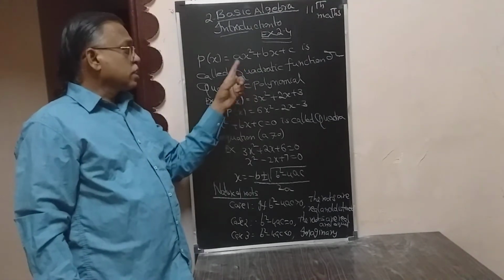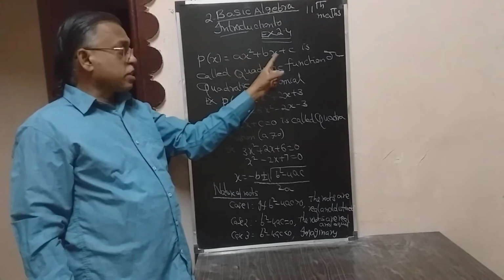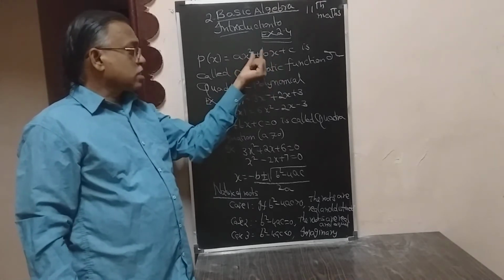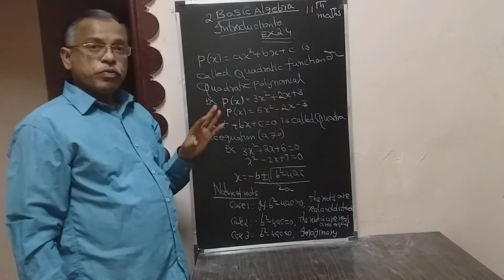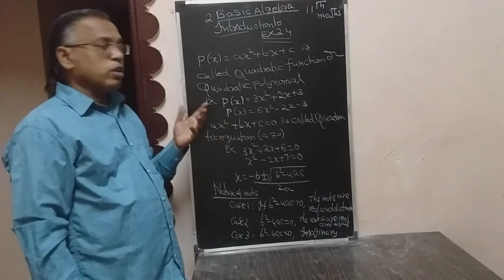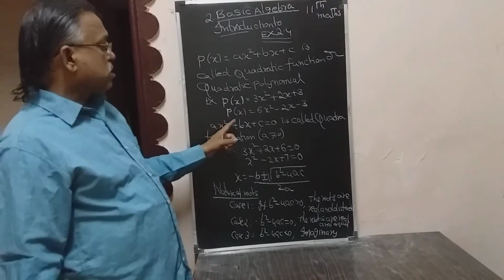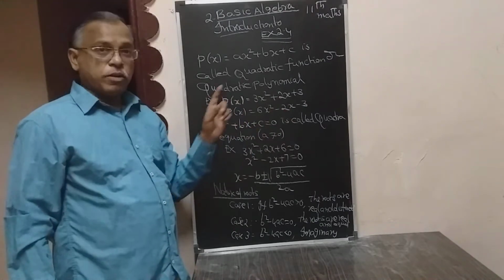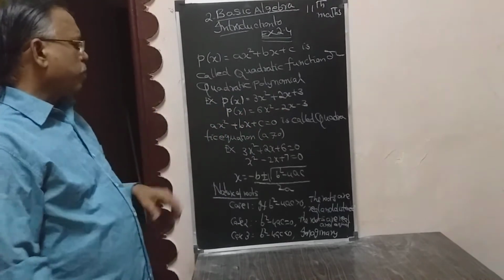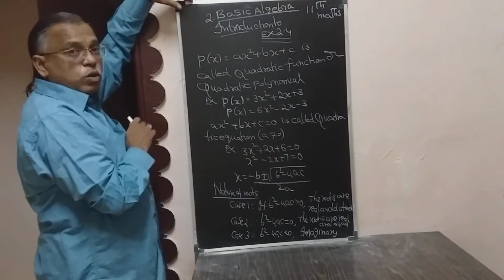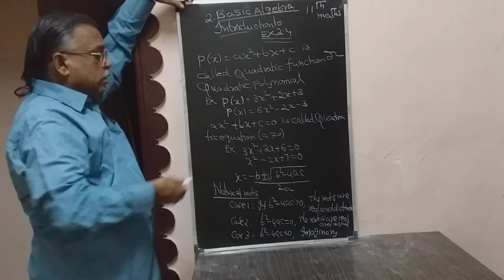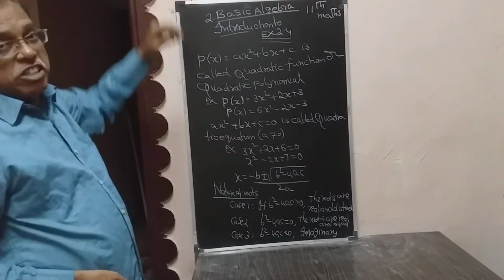For example, see here. Quadratic function means ax square plus bx plus c. So x square term, x term, constant term. For example, 3x square plus 2x plus 3 is a quadratic function or quadratic polynomial. P of x equals 6x square minus 2x minus 3, quadratic polynomial. Now, if we equate this to 0, like P of x equals 0, then it is called a quadratic equation.